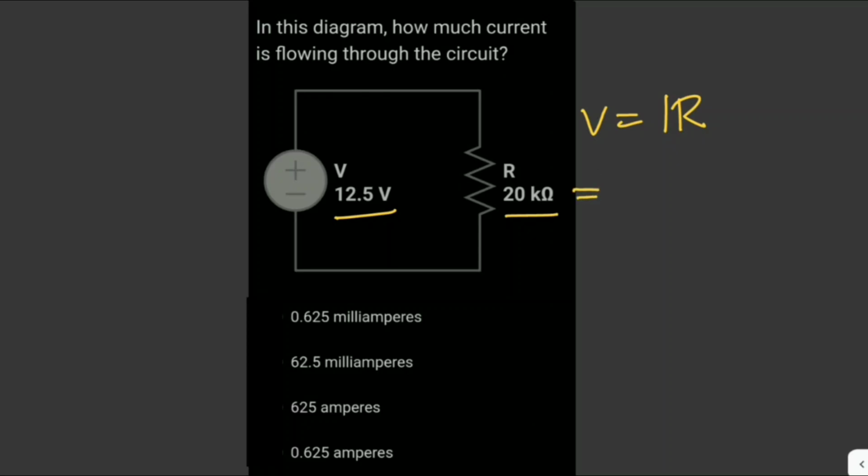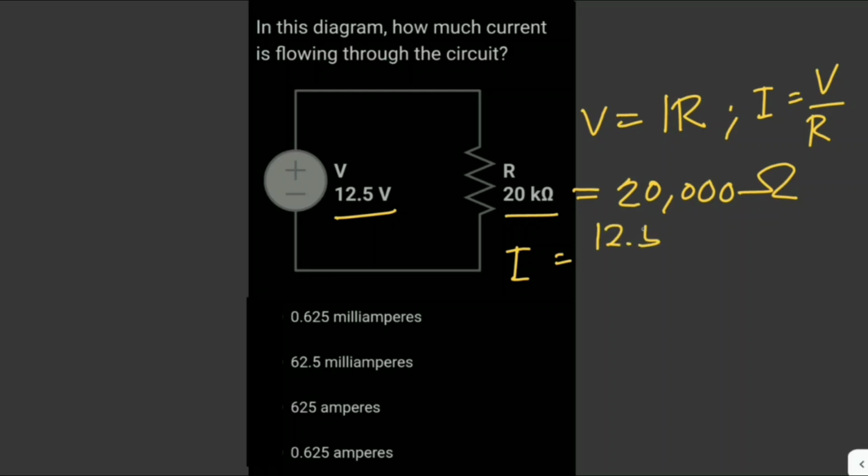So 1 kilo ohm is 1000 ohms. Therefore, 20 kilo ohms is just equivalent to 20,000 ohms. Then we can plug in the values to the formula. Current, you have to derive this first. Current is equal to voltage over resistance.